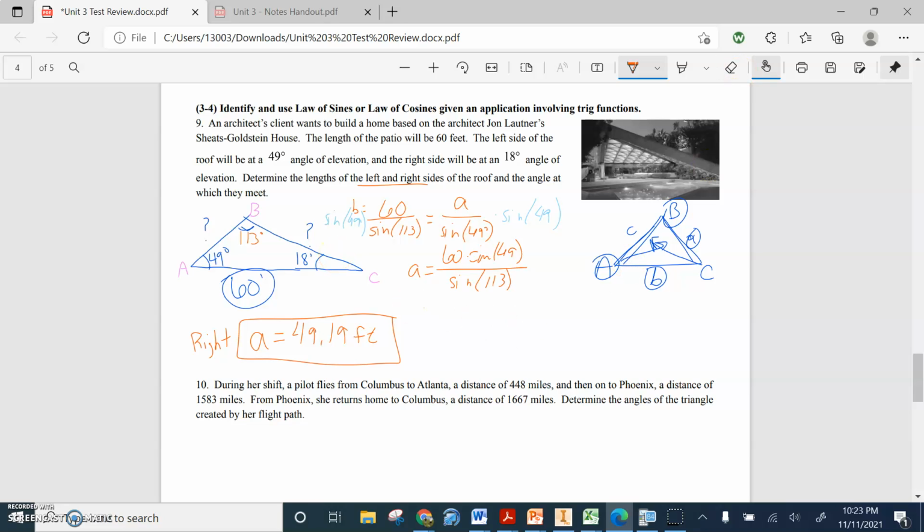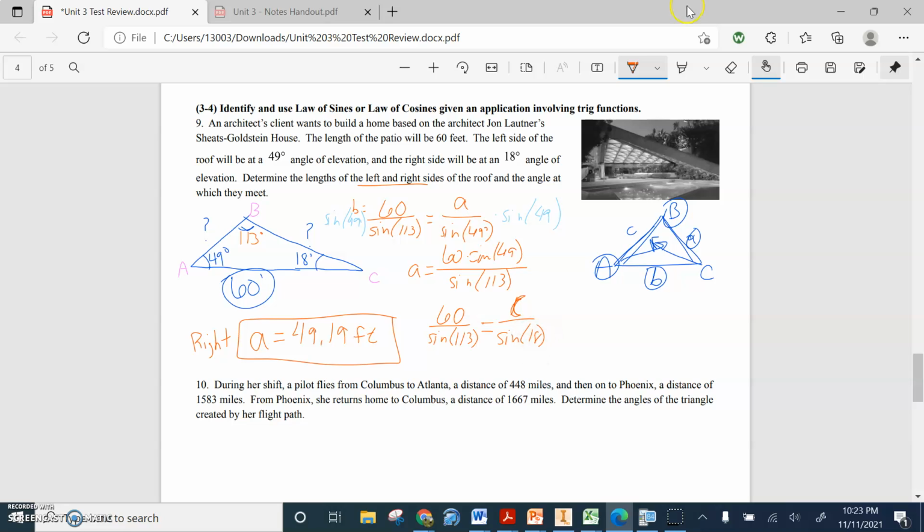The other thing we're going to have to do to find the left side, same idea: 60 over sine of 113 is equal, not times, is equal to side C over sine of 18.